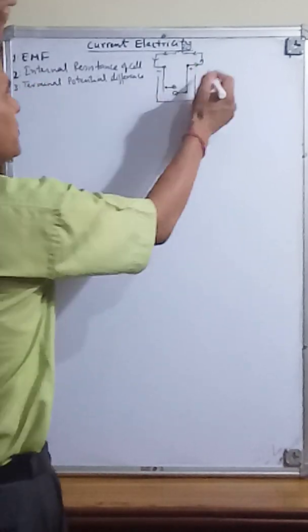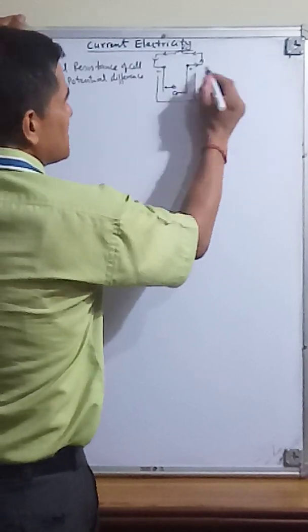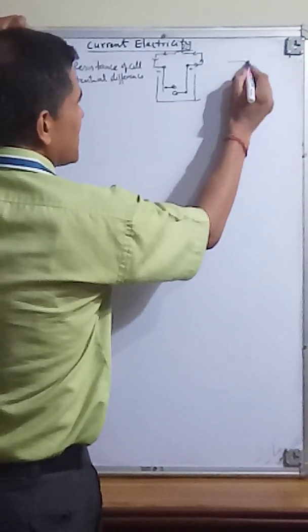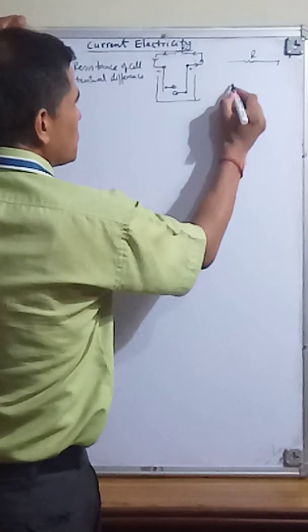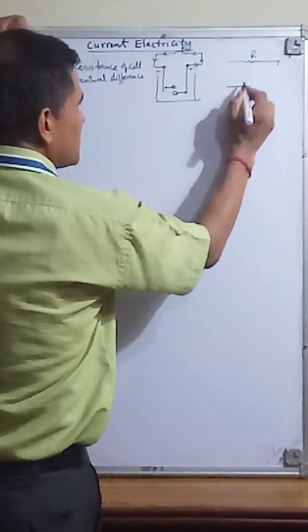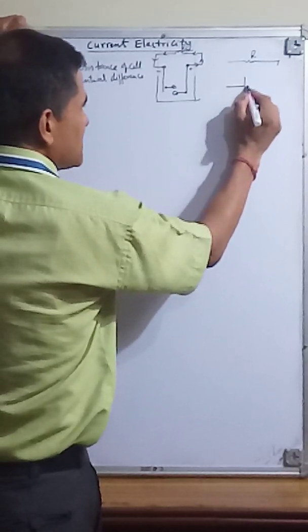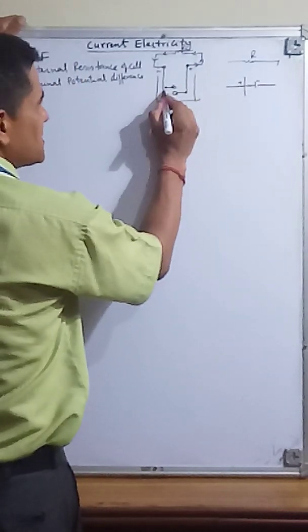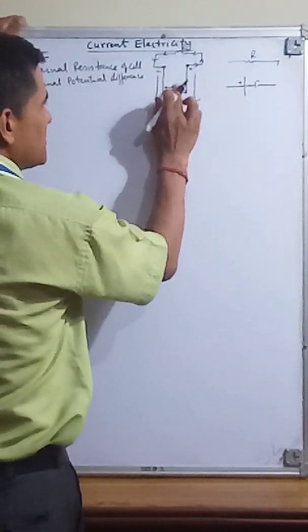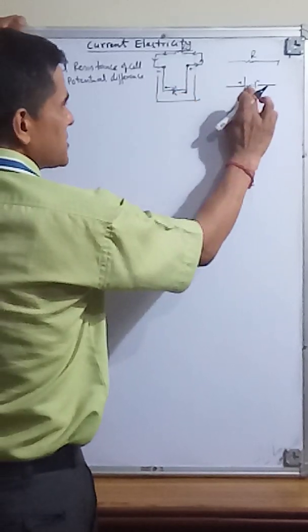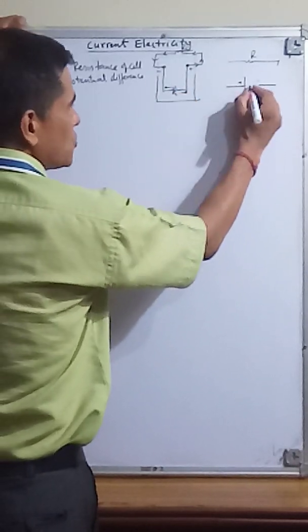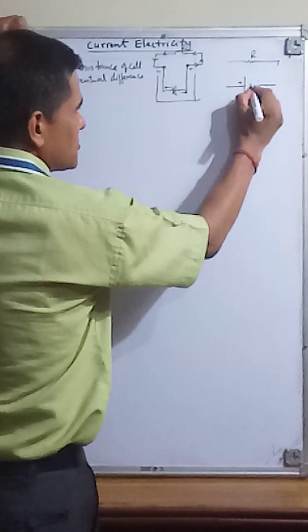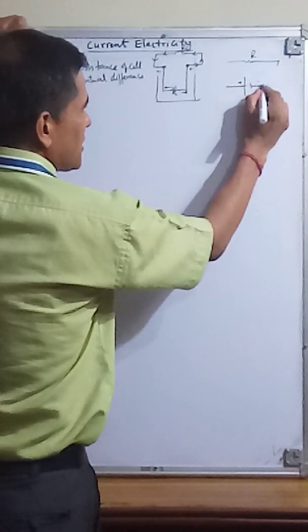Now how do we represent it in a circuit? In the circuit, this is the external resistance R. Now this is our cell, this is the positive terminal, this is the internal resistance, and this is the negative terminal. Basically the internal resistance is inside the cell, but in the circuit we do not show it inside the cell; we show it outside, outside the terminals of the cell.